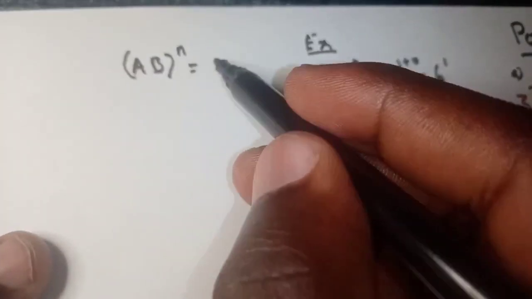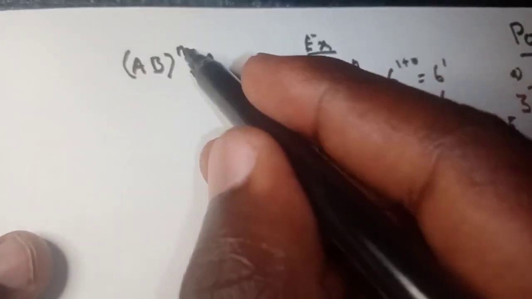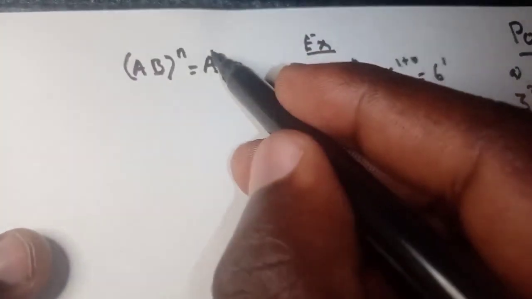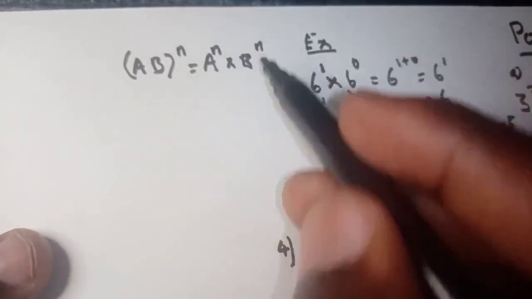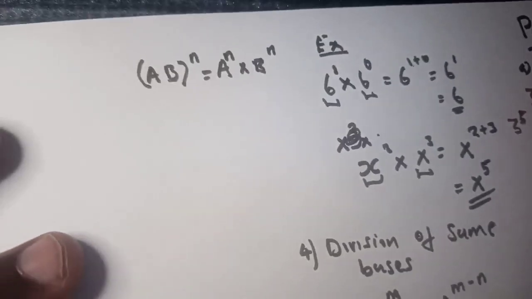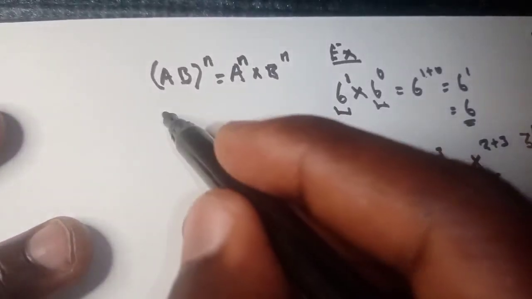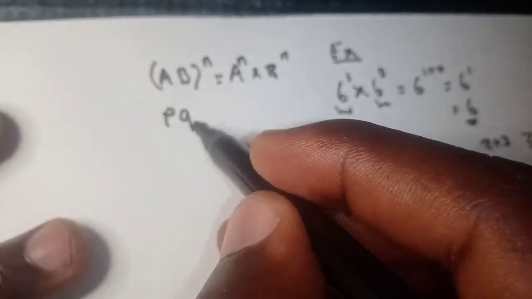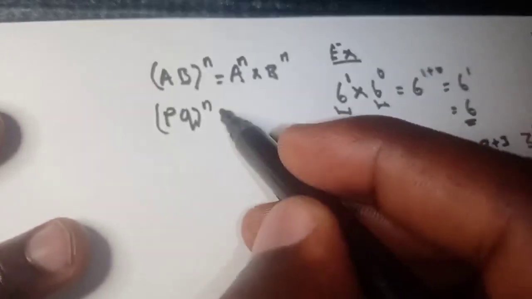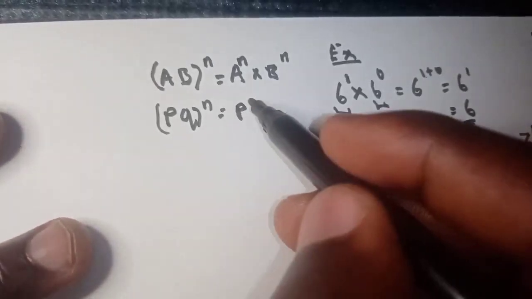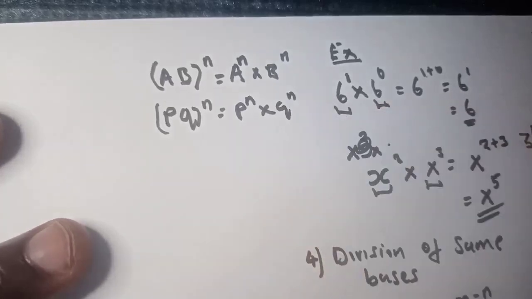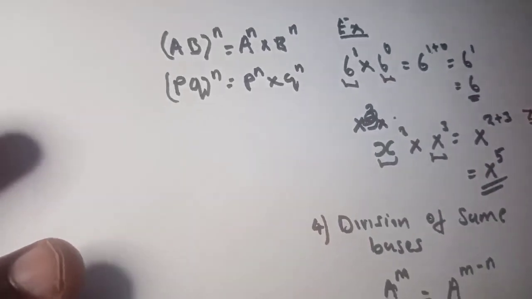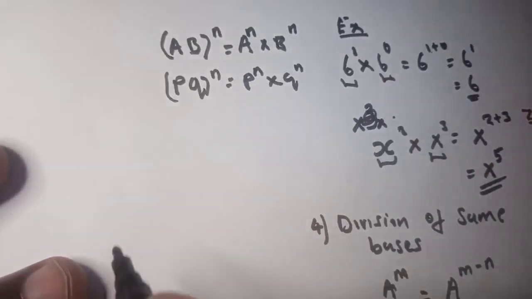So this will become a to the power n times b to the power n; each base has its own power. Let's say you have p q raised to the power n. This will be p, you get the power, times q, you get the power. That's what this rule states.